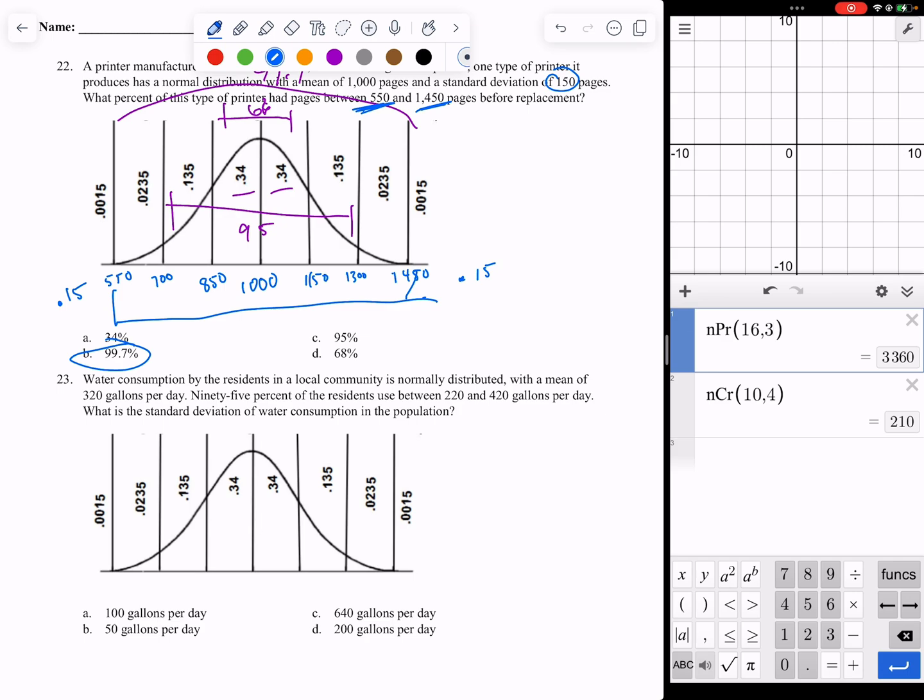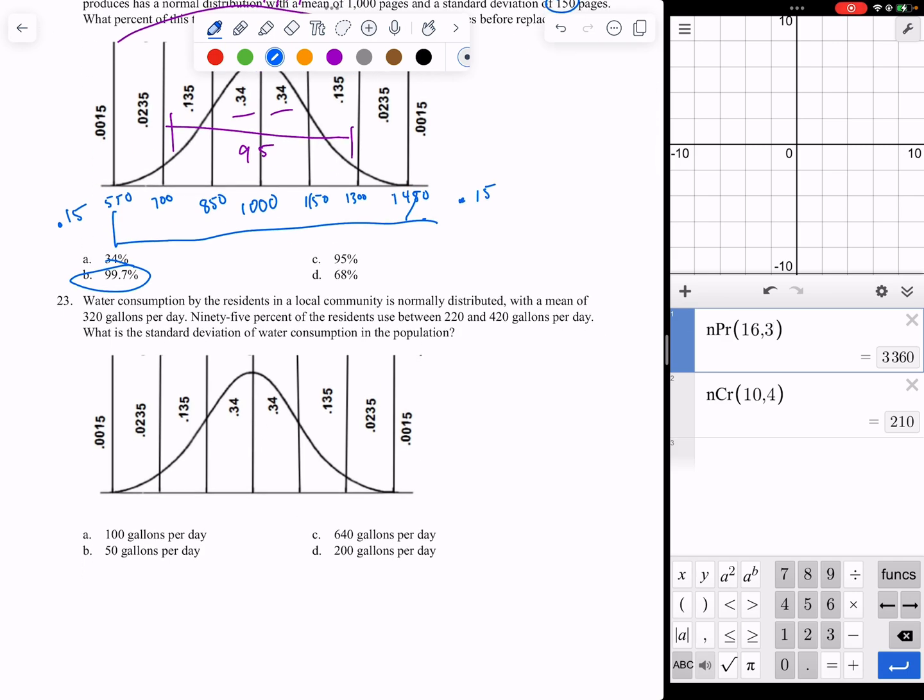95% of residents are between 220 and 420. So 220 there, 420 there. Mean of 320. What do they want? What is the standard deviation? A standard deviation is how much each jump is.